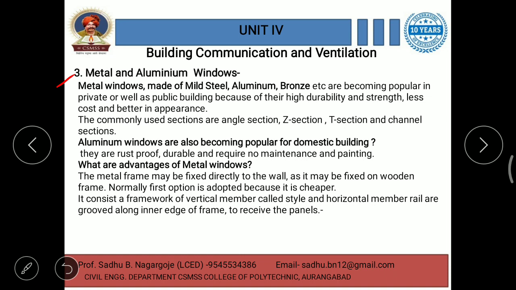Then the third type is metal and aluminum windows. Metal windows made up of mild steel, aluminum or bronze, etc. are becoming popular in private as well as public buildings because of their high durability and strength, less cost and better appearance.